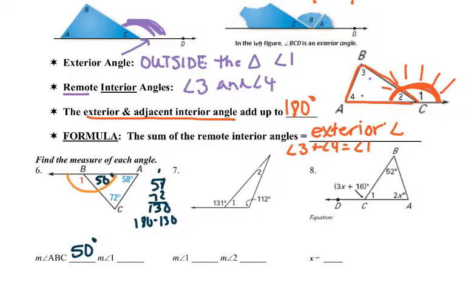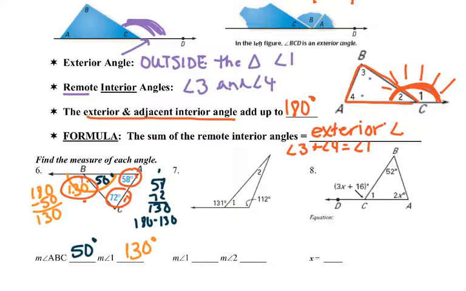This angle here, though, angle 1, that makes a straight line with the 50, so that's 130. I'll write it on the picture, 130. And then here's the double check. 58 plus 72, I just did it over there, adds up to 130. The sum of the remote interior always equals the exterior.